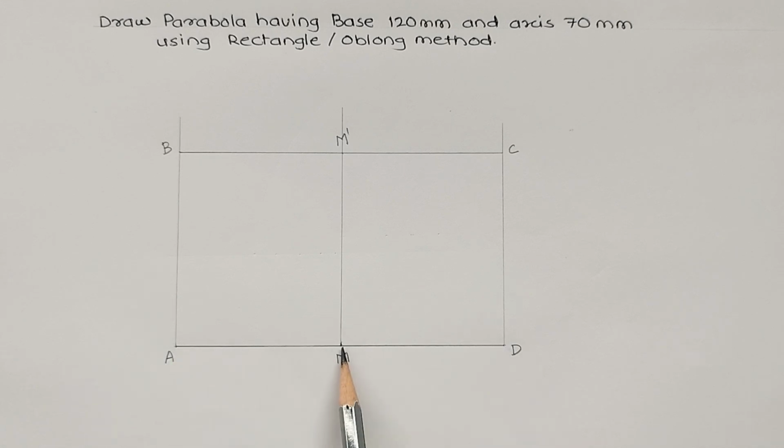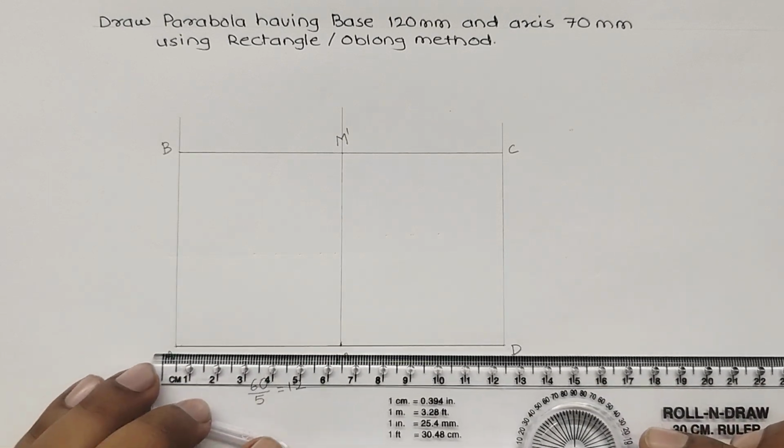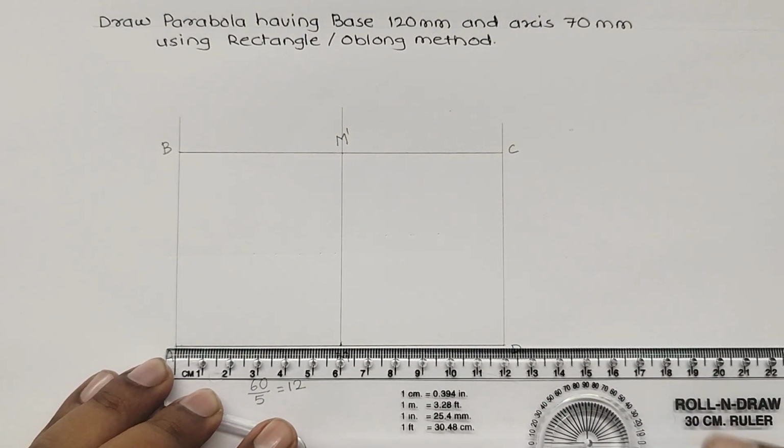Now half of the base, which is 60 mm, I have to divide into 5 equal parts. Since it is 60 mm, 60 divided by 5 comes to 12. So one part is 12 mm.